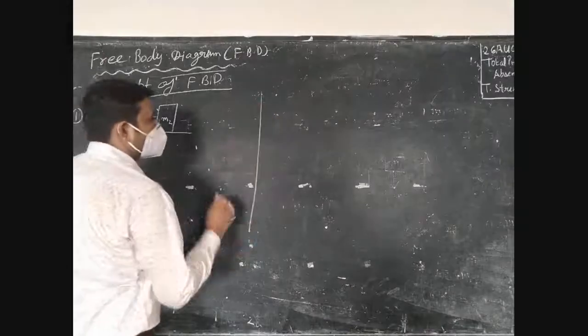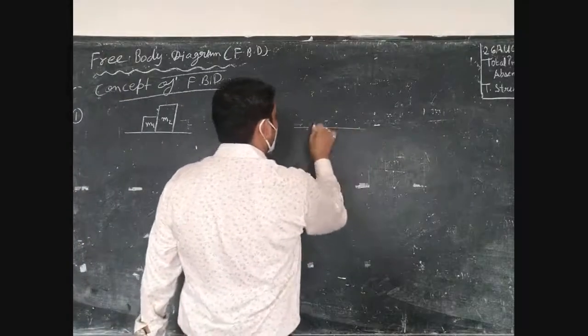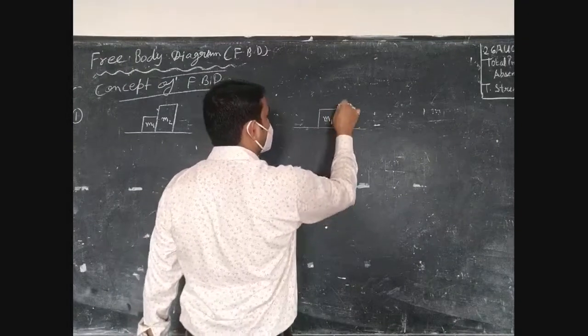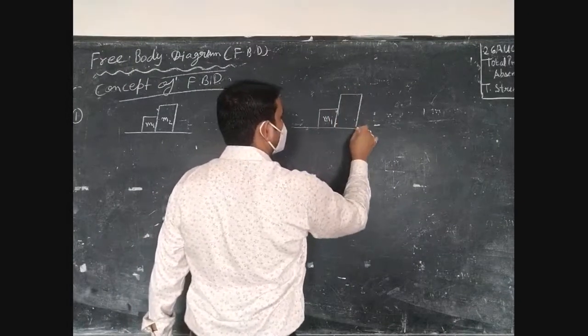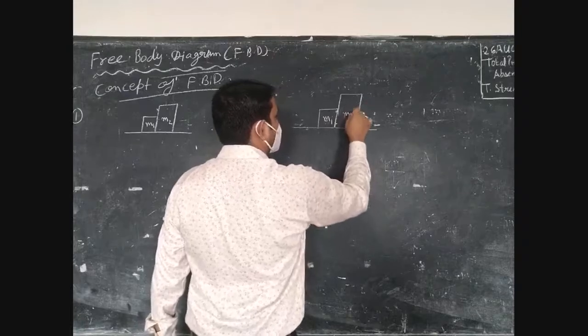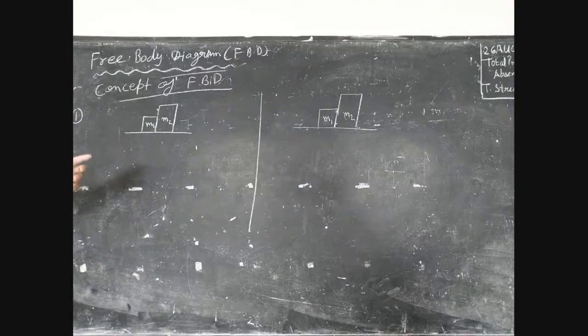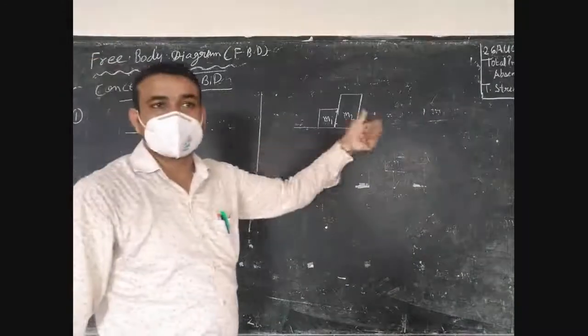This is the first case, and again we have the same two blocks of mass m1 and m2. I will make the equation for the solution of one type of situation. You need to form the solution for the other situation.